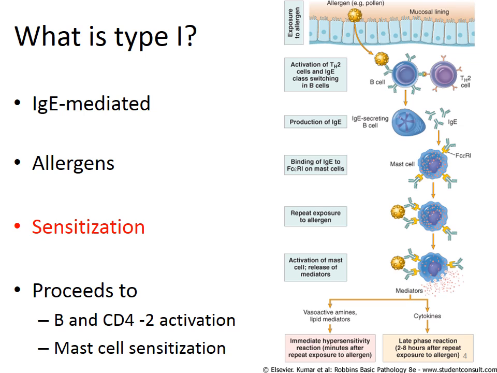The mast cells become sensitized, and under the second exposure, they respond more aggressively, and we'll look at that here in a moment. And what they ultimately do is release these chemical mediators. Some of them are in this category of being vasoactive. What that means is they're going to have activity on the blood vessels, and things like histamine. And then other ones are cytokines that are going to respond to the late phase after repeat exposure.